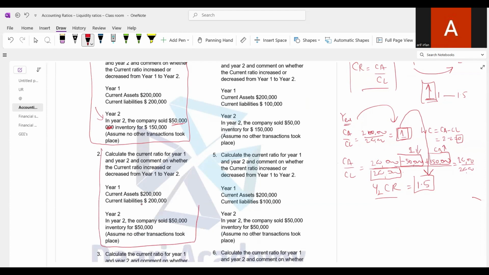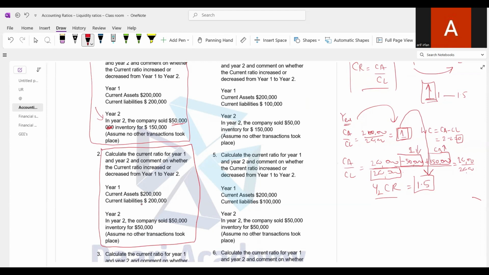Now everyone should do this question. Calculate the current ratio from year 1 to year 2. Each problem is independent. There is no link from one question to the next. सर, अभी तो हमारा current asset 300,000 है, current liability 200,000 है. ऐसा नहीं. All are independent questions.